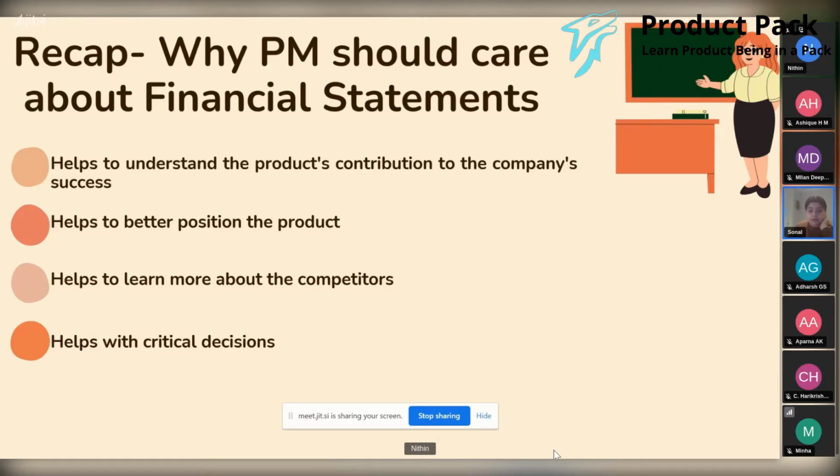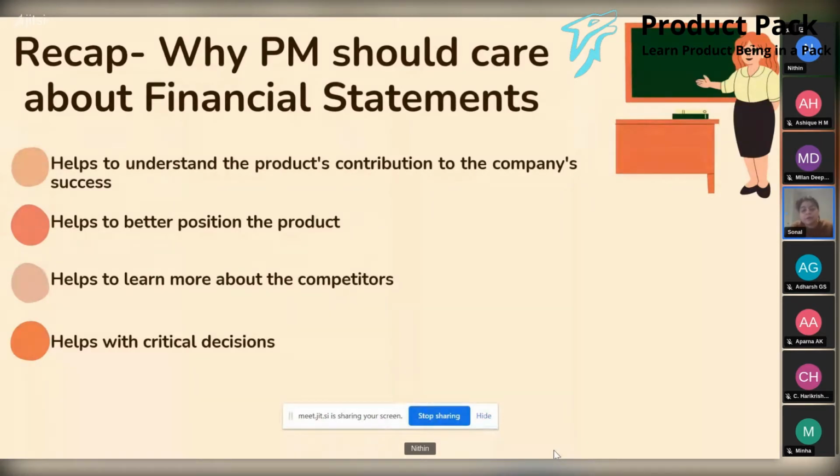All right, the next slide. We talked last time about why a PM should care about financial statements. It helps you understand the product's contribution to the company's success. It also helps you better position the product. It helps with critical decisions like, do you want to decommission the product?